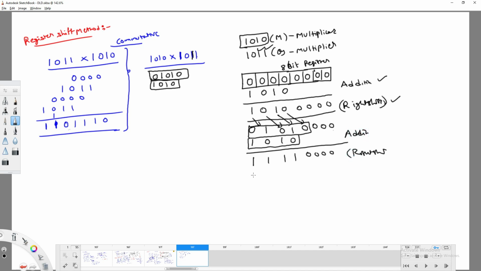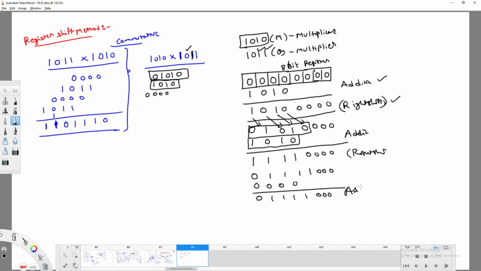When you right shift, you get 0 followed by 4 ones followed by 3 zeros. Now try to do it with 0. When you do it with 0, you get all 4 zeros, and you get the result as 0, 4 ones followed by triple 0.